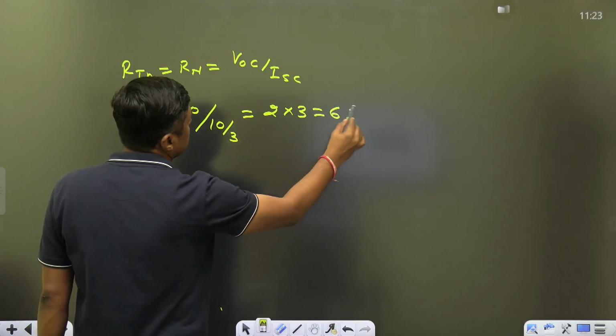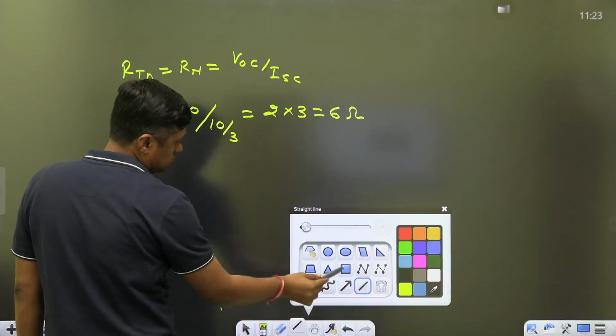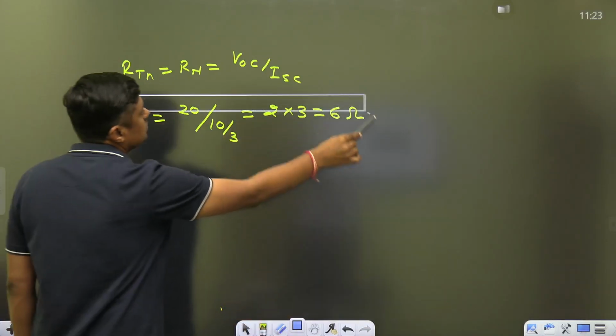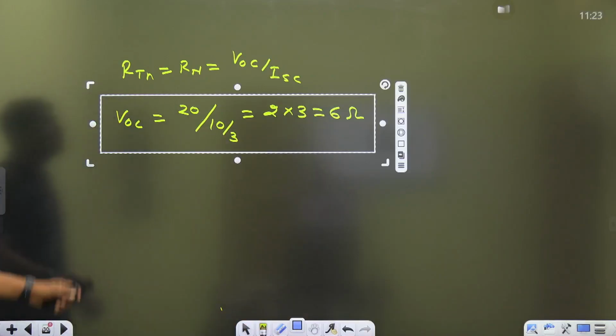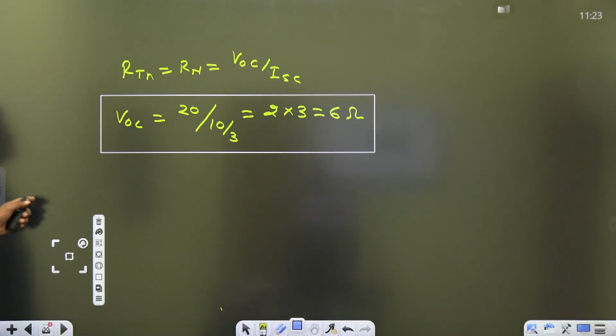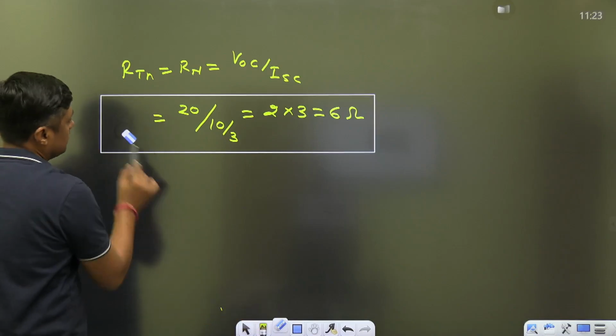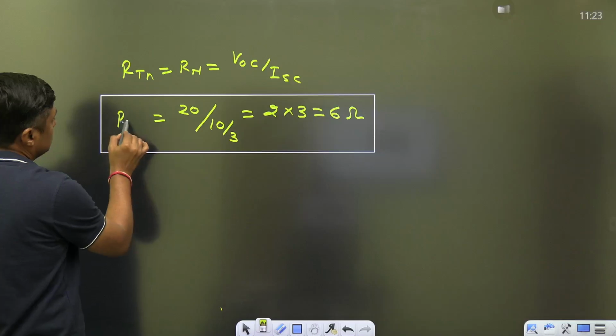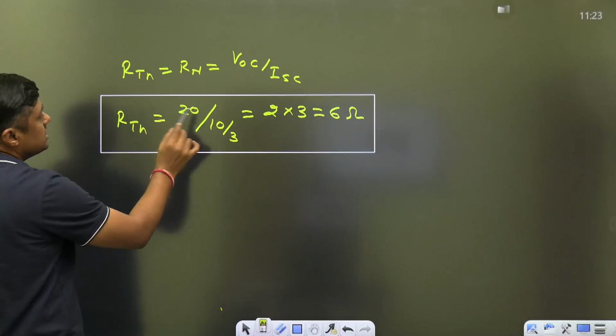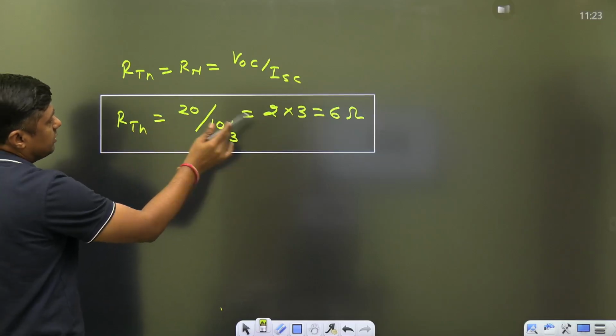So it will become 6 ohm. VOC, no, RN. VOC is 20, ISC is 10 by 3, so it will become 6 ohm.